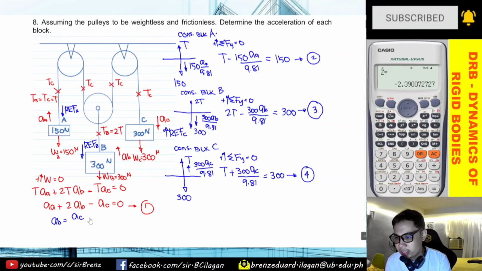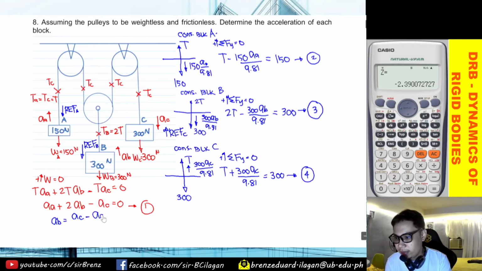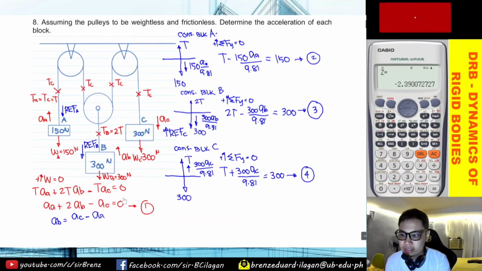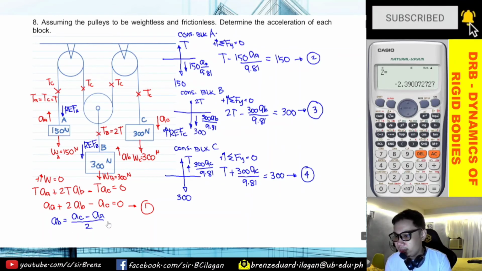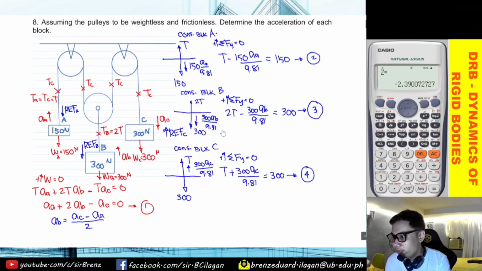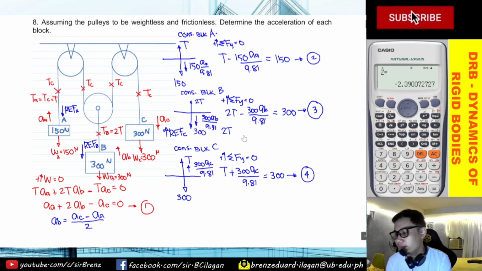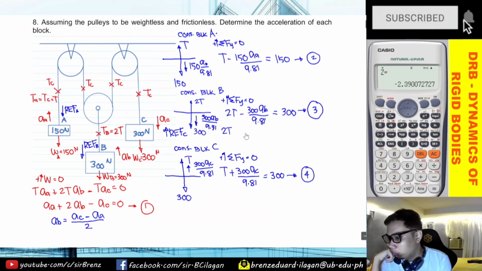Magiging positive kasi yan. Minus A sub A, so coming from positive, nung lilipat ko sa kabila, naging negative. All over 2. Ayan. And then ito, this one, we will substitute in this equation. So our new equation for 3 is 2T. Paano ba magandang gawin to? So minus, so factor out ko na lang guys ha.